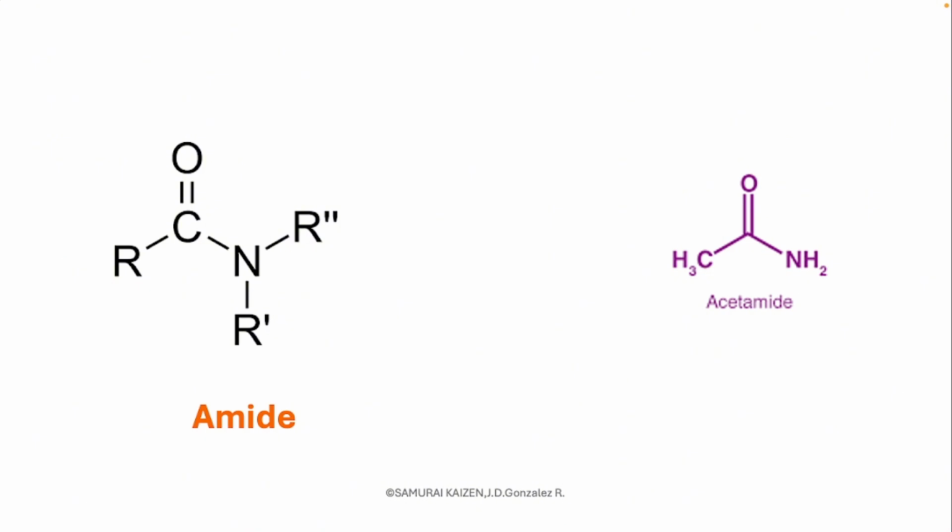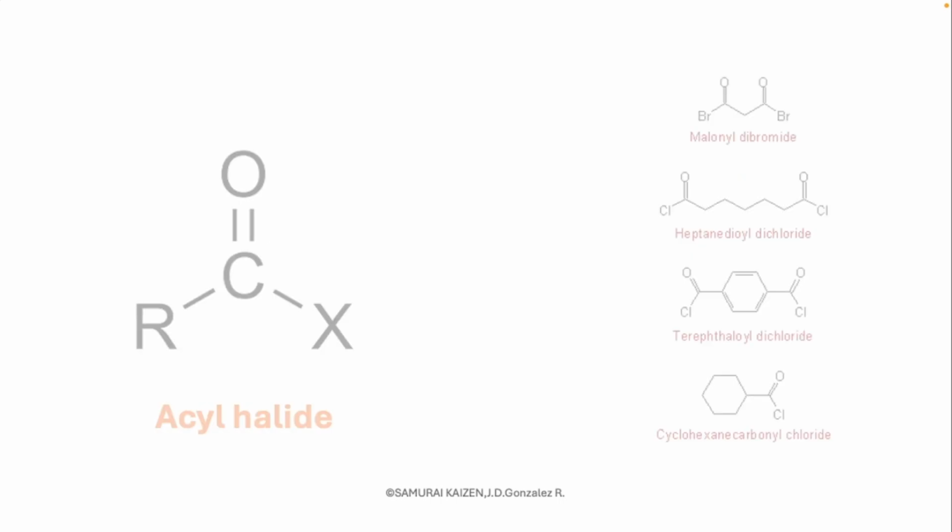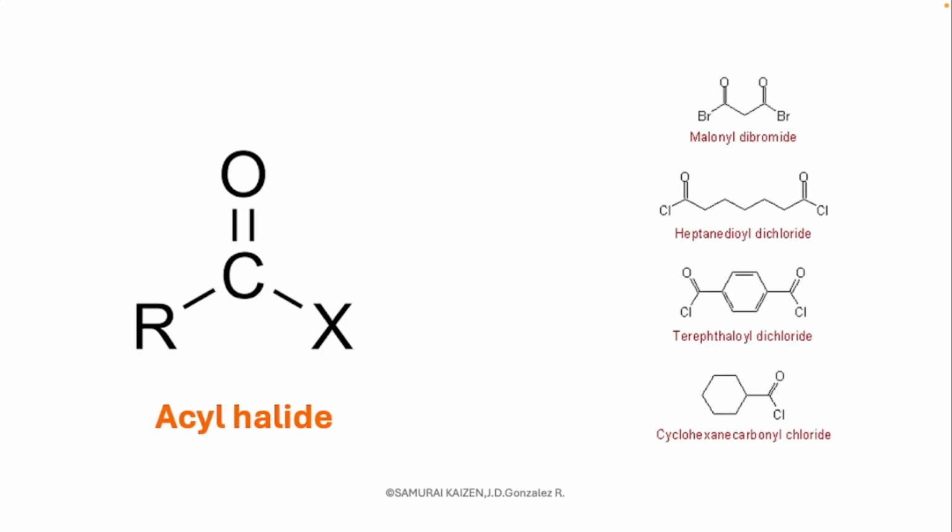Next, this is an amide, of which the most common example is acetamide. Then we go with acyl halide. We have some examples such as malonyl dibromide, heptanedioyl dichloride, terephthaloyl dichloride, cyclohexane carbonyl chloride, and so on.